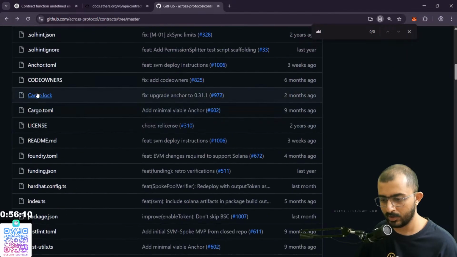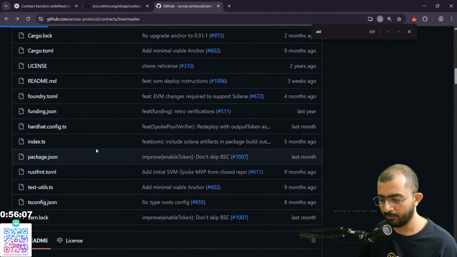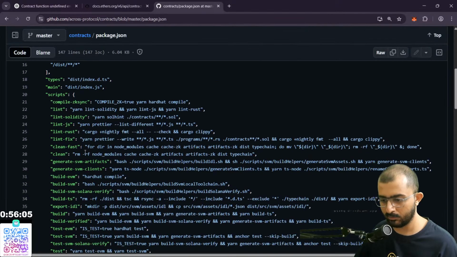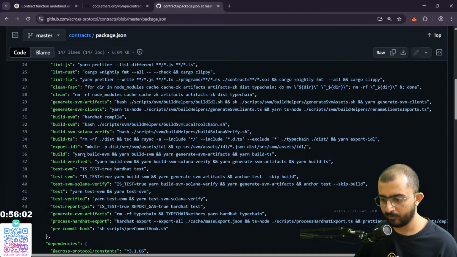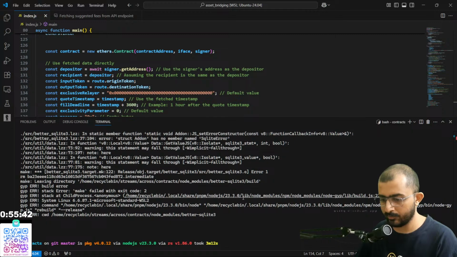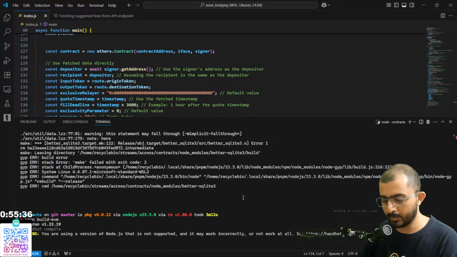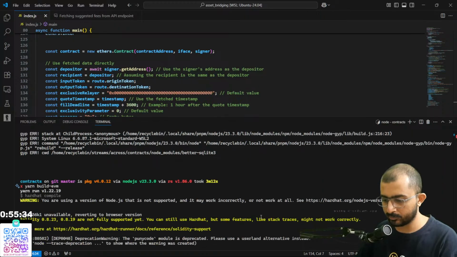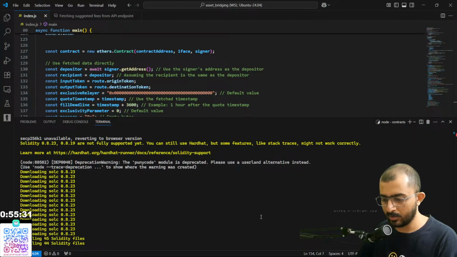Can we see the yarn build command and what they're doing? Yarn build EVM. Okay, we are gonna use build EVM. We don't want SVM things right now. So let's just do yarn build EVM.